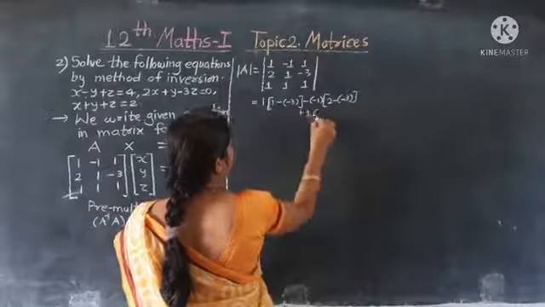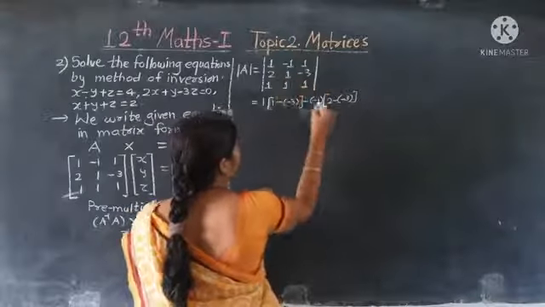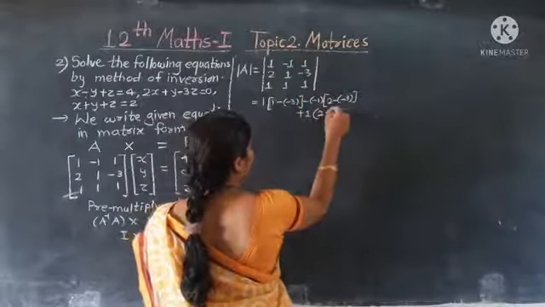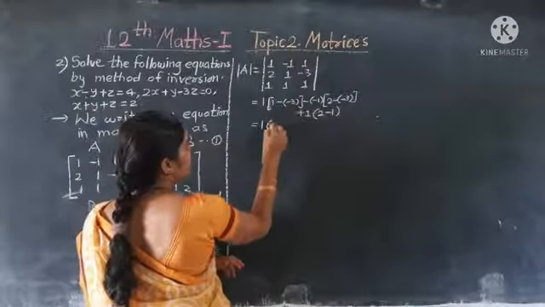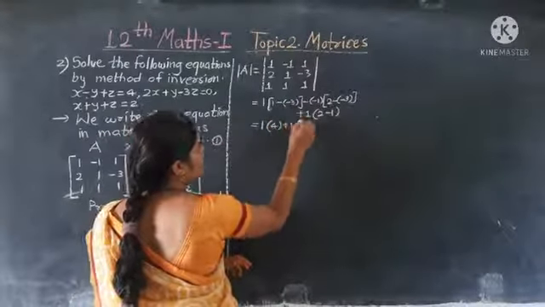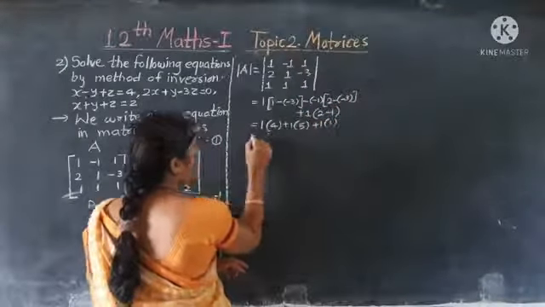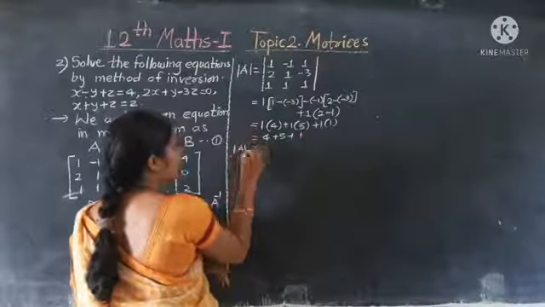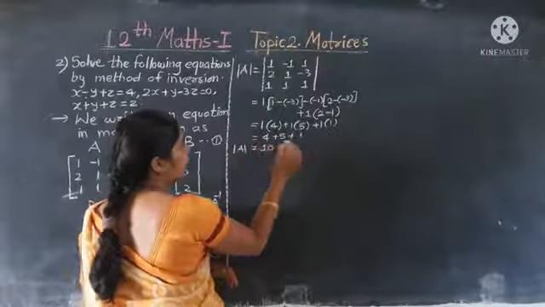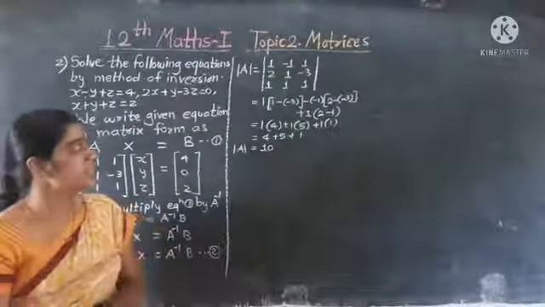Plus 1 into bracket, you neglect this row, 2 minus 1. 1 into bracket, -1 is plus, 3 plus 1, 4. Plus 1, 5. Plus 1 into 1. That is 4 plus 5 plus 1. So we get determinant A as 10.